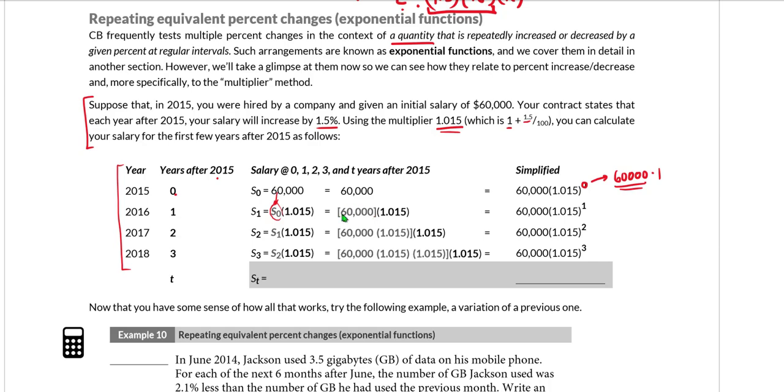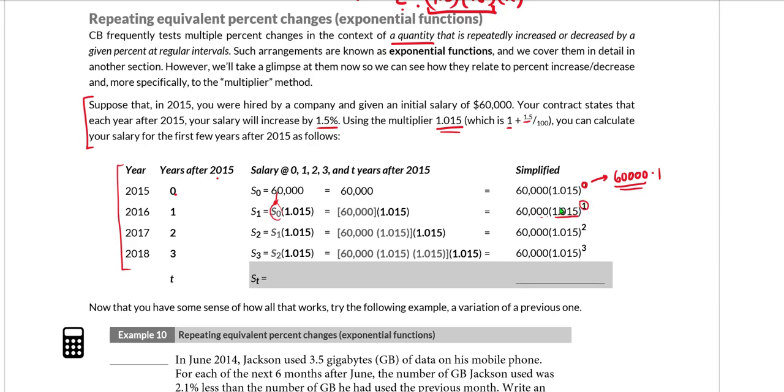Again, we would just take 60,000 and multiply it by our multiplier 1.015, and we would get our new salary. So simplified, we could say that your salary in 2016 would be $60,000, your initial salary, times 1 multiplier, 1.015 to the 1.